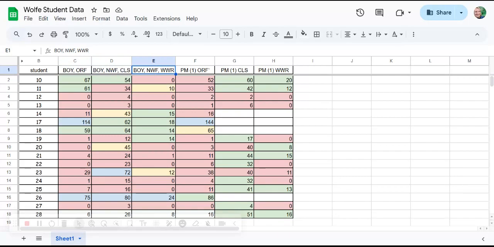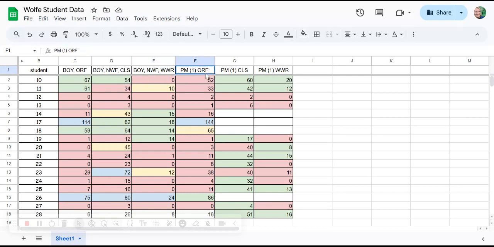Taking a word like NIF, N-I-F, and reading the word NIF correctly, instead of blending it or sounding it out, going "nnn-iii-fff," saying the whole word counts as a whole word read. So those are the beginning of year assessments.